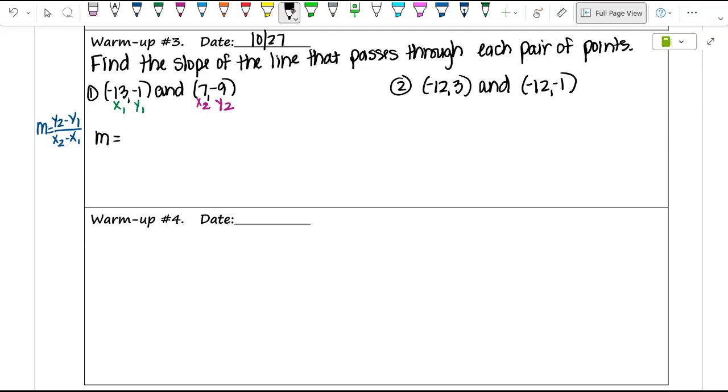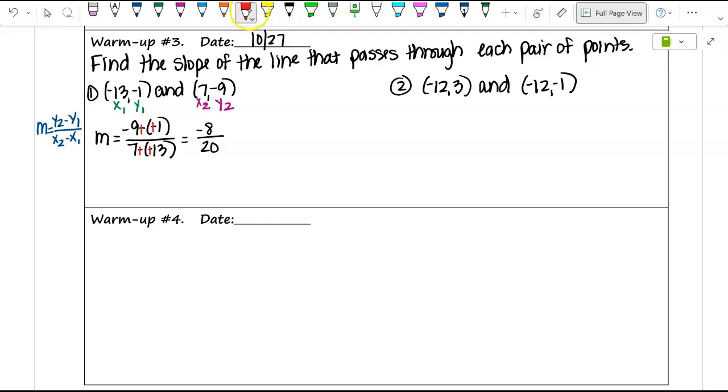So my slope equals negative 9 minus a negative 1 divided by 7 minus a negative 13. I have double negatives in both the numerator and denominator, which means I have pluses. So negative 9 plus 1 is negative 8. 7 plus 13 is 20.